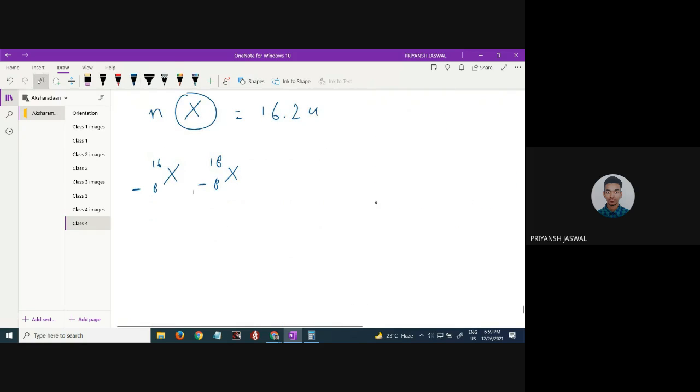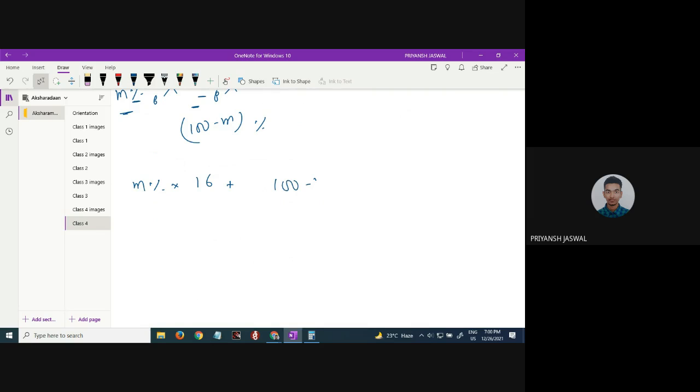You can suppose this isotope with 16 mass is m%, and the other one will be, say, n%. So the total percentage should be 100. So this one will be 100 minus m%. So we have m% into 16 plus 100 minus m% into 18 is equal to, given to us, 16.2 u.